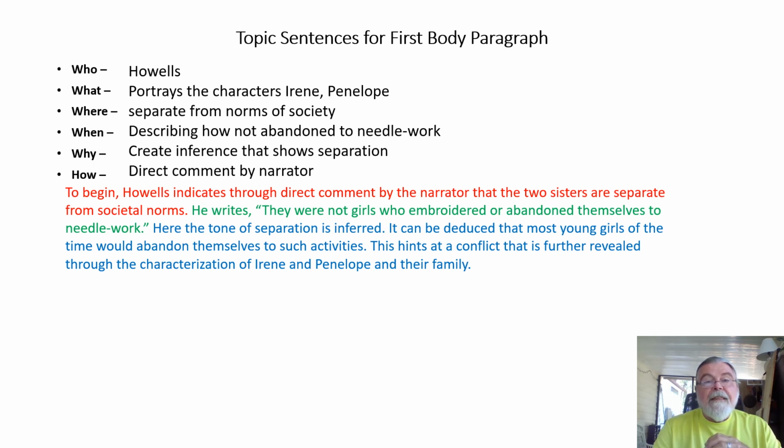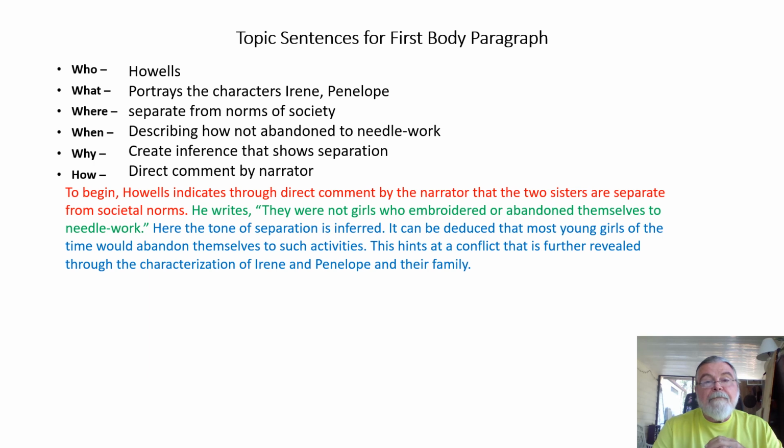He writes, they were not girls who embroidered or abandoned themselves to needlework. Okay. What am I going to write about? This is characterization, direct comment by the narrator, which I indicated in my topic sentence, which refers specifically back to my thesis sentence of how these girls are characterized and to develop the conflict.